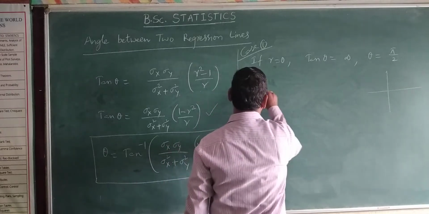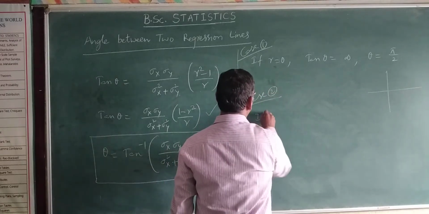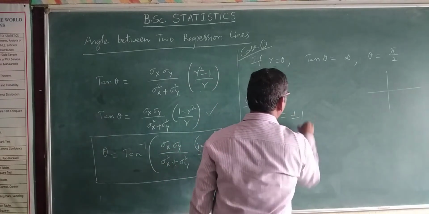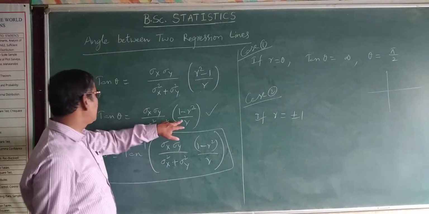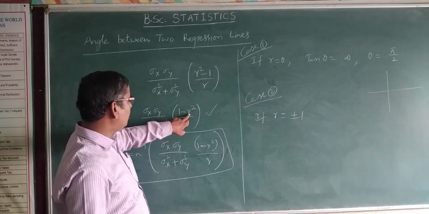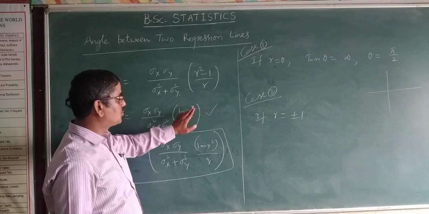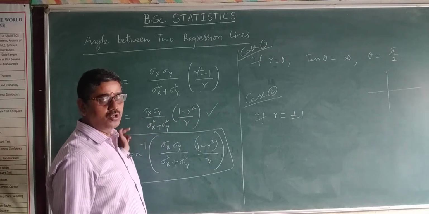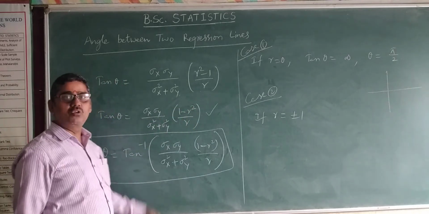Similarly, consider case 2: if r is equal to plus or minus 1, then what would tan theta be? Whatever the sign, r square is 1, and 1 minus 1 is 0. So tan theta is equal to 0.